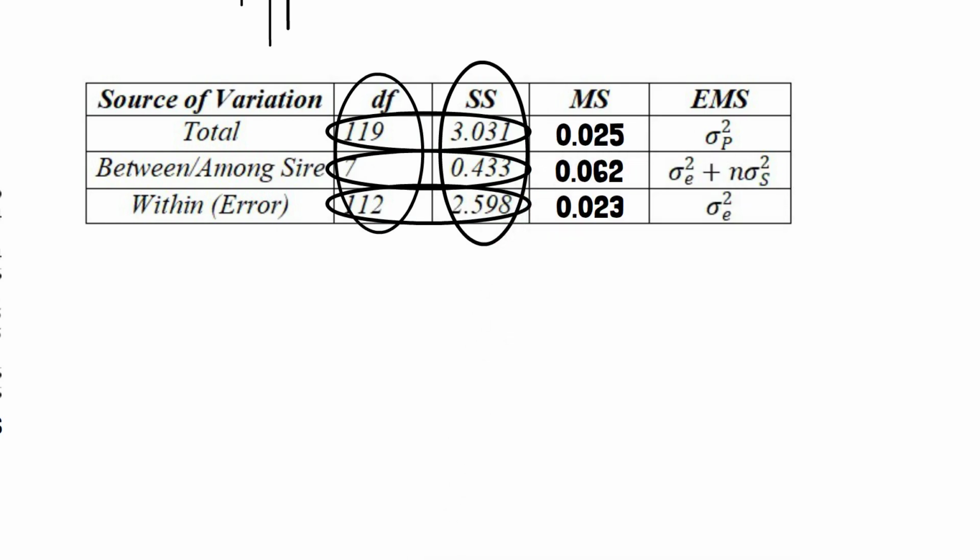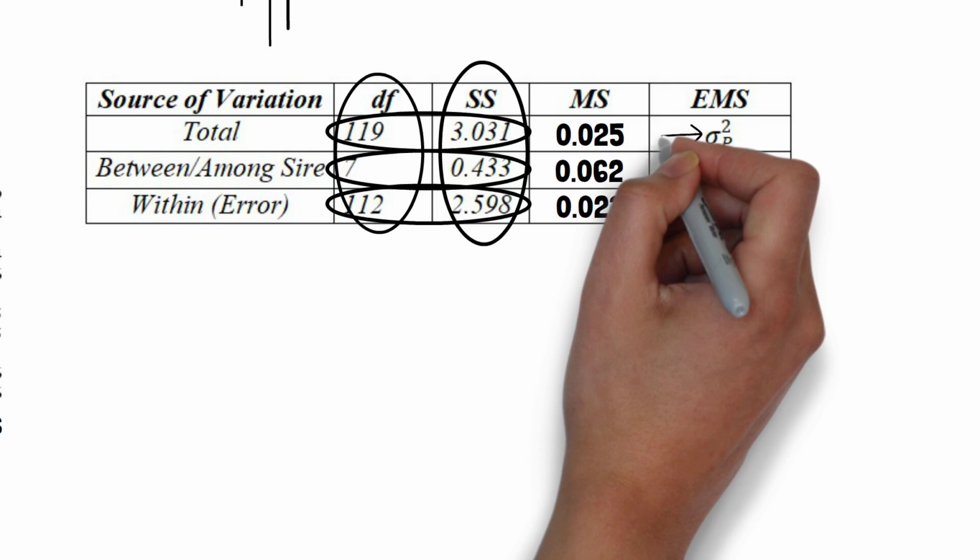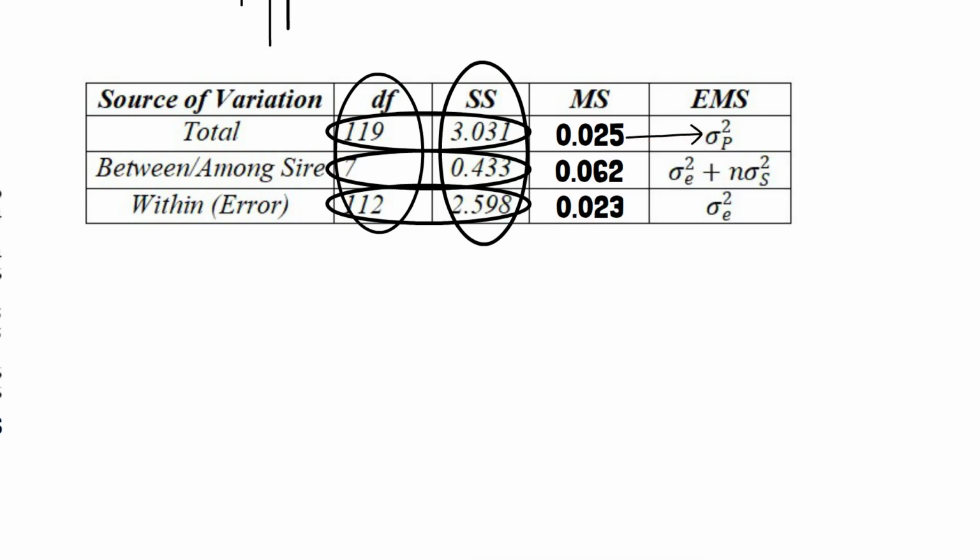Now to determine the expected mean square. The mean square is equated to these symbols. For the total, the mean square is equated to the phenotypic variance.